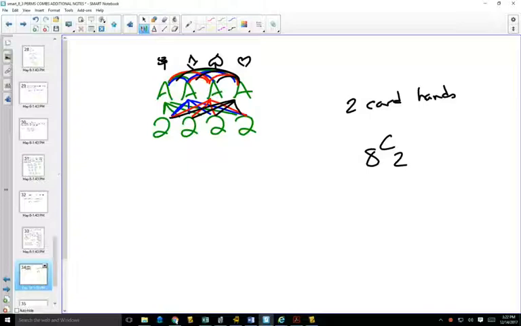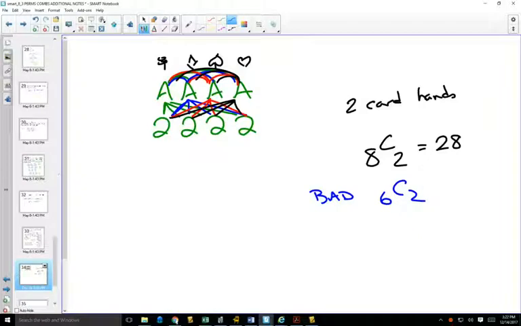But then you would have counted each group twice. So you'd have to divide by 2. And you get 28. Even on a small scale, it's a little bit big to think about. So there's 28 ways you can get 2 hands. How many of them have at least 1 club? Well, the bad ones would be 6 choose 2.